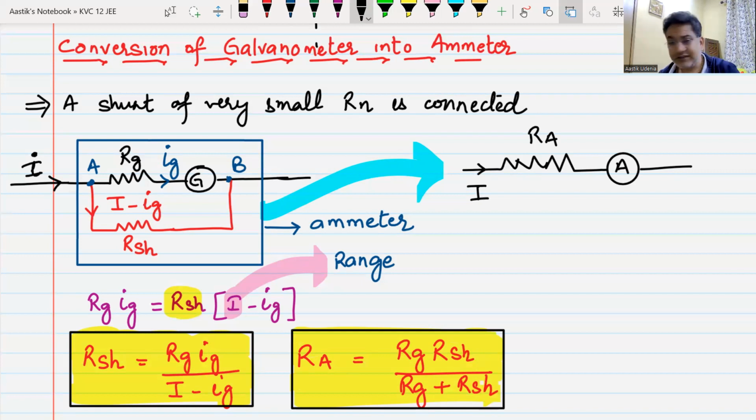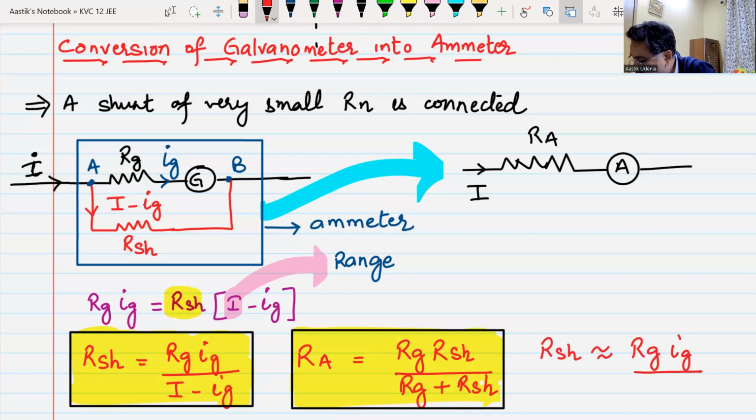Here also one more thing. This Ig is very, very small compared to capital I. So if you want an approximate answer, R shunt can be written as approximately equal to Ig Rg divided by I. Do we understand how I've got this approximate relation?